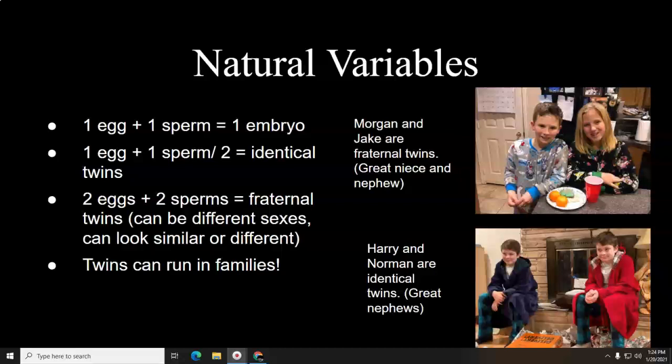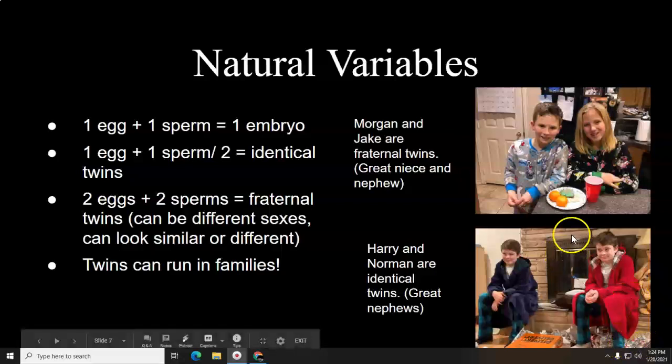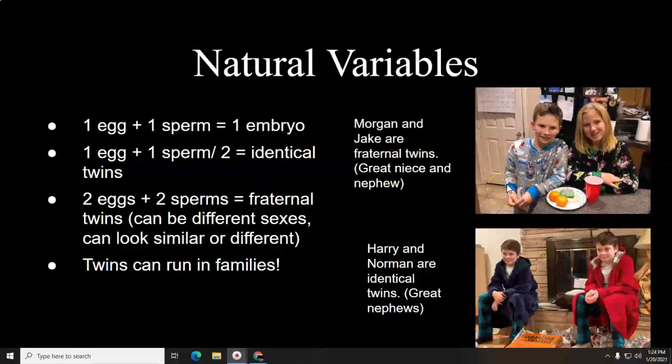As my personal example, the top picture, and these pictures are kind of older, these kids are around 13 or so now. You have Morgan and Jake. They are fraternal twins. These are my great niece and nephew.